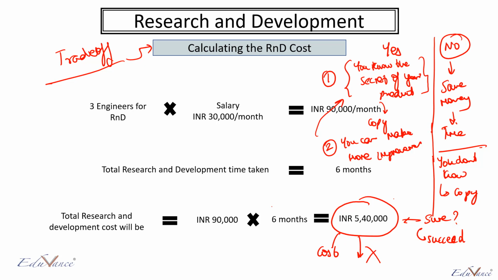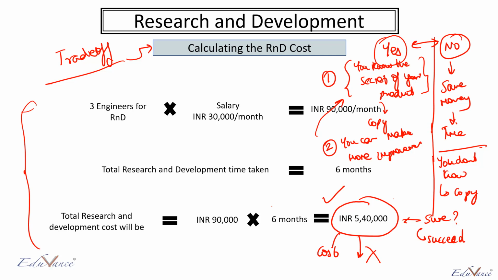There are no right answers here, but if you decide yes, you want to do R&D, please understand there will be an R&D cost, and I showed you how to calculate the R&D cost. So please understand there are trade-offs, there are advantages and disadvantages as well. Okay.